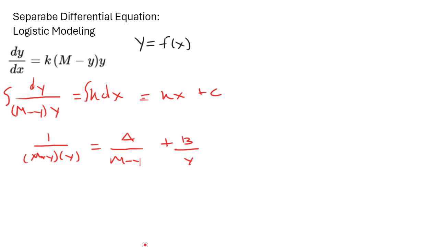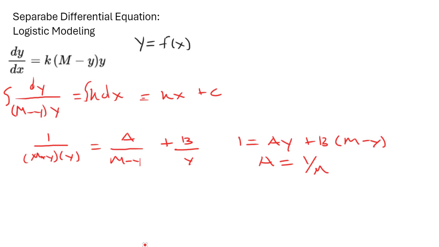We could solve this via either the cover-up method, or we could multiply by the LCD, and you have that 1 equals a times y plus b times m minus y. Of course, if you plug in y equals m, then you're going to get that a equals 1 divided by m.